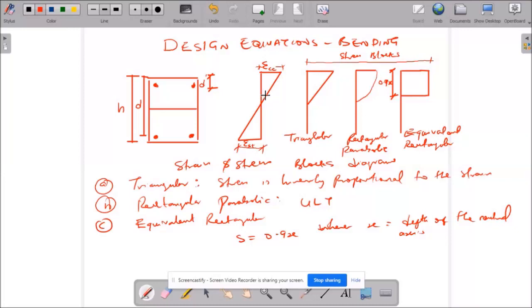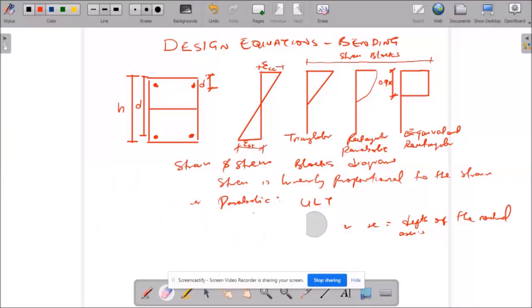Since there is a compatibility of strains between the reinforcement and the concrete, the strains in the reinforcement can be calculated from the triangular rule. So using a triangular rule, we can establish the strain in concrete or the strain in the reinforcement. Let's wipe the board clean so that we can have enough working space.